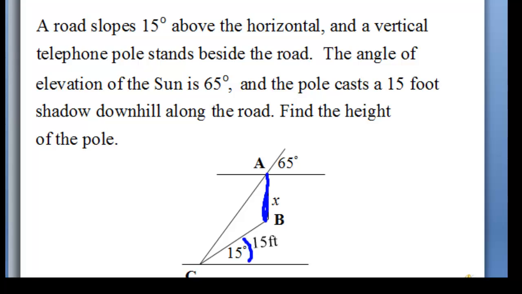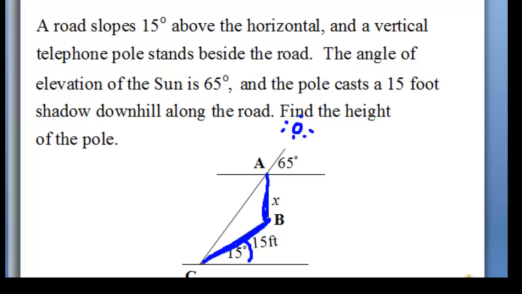The angle of elevation of the sun is 65 degrees. So here's our sun over here, and it's at 65 degrees. The pole casts a 15-foot shadow. There's our shadow, downhill along the road. Find the height of the pole, which would be x.